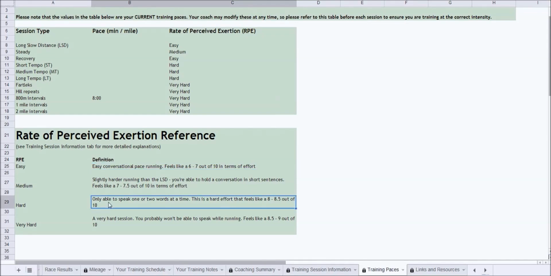If you're doing a tempo run, for example, then that's likely to feel like a hard session. So it feels like an 8 to an 8.5 out of a 10. So if you're asked to do a particular session and there's no information in the pace minutes per mile column, then we ask you to run by rate of perceived exertion, and this will also appear in your training schedule as well for easy reference.